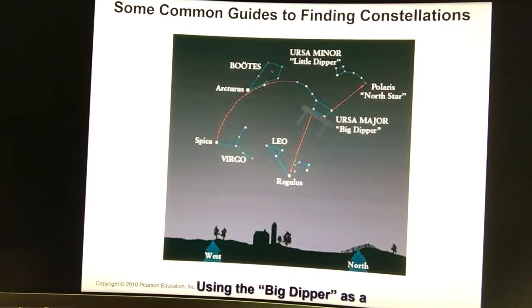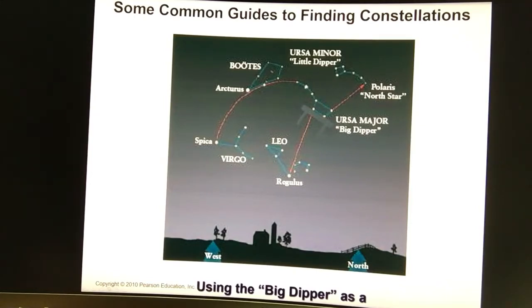The first reason is you can orient yourself on Earth with the help of easily recognized constellations. There are a lot of very easily recognized constellations in the sky. For instance, if you look at this picture, this is a very familiar constellation called Ursa Major, and sometimes people call it the Big Dipper.